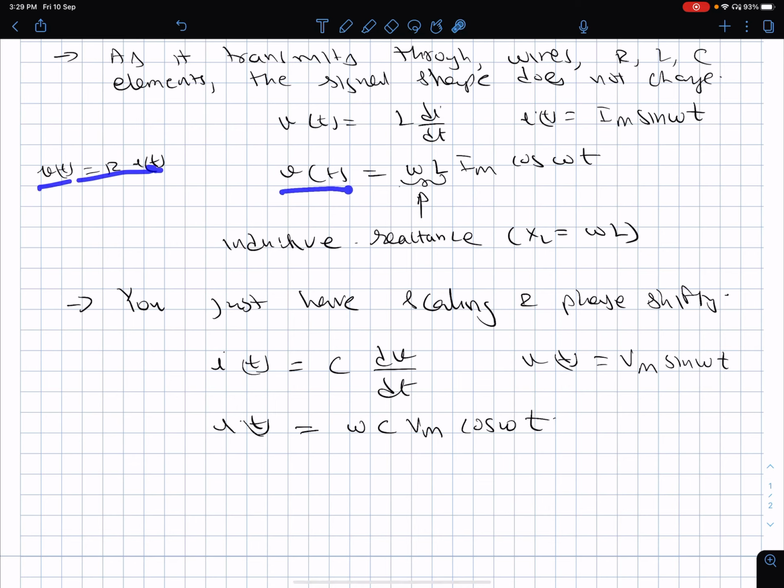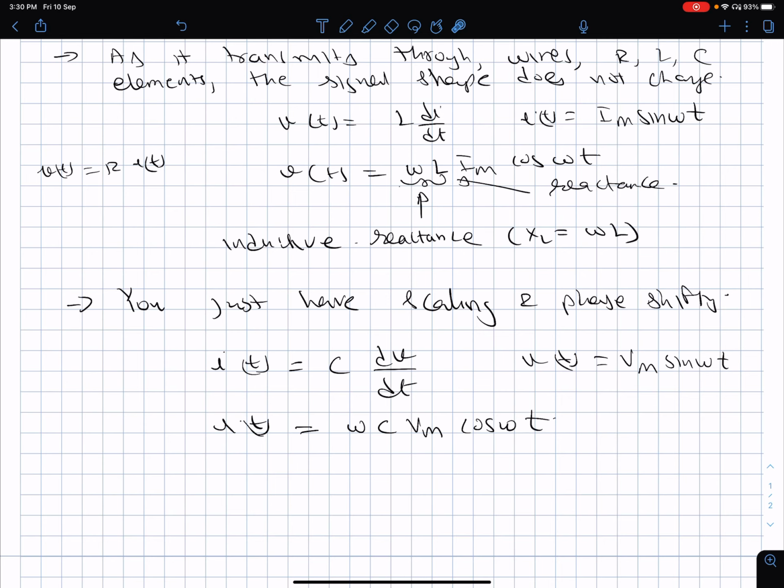So here v(t), though phase shifted by 90 degrees, is otherwise the voltage, and this is the current, and so the ratio of the voltage to current should be something similar to resistance, but is not resistance because it is not dissipative. So we call it reactance, and associated with the inductor, the inductive reactance.